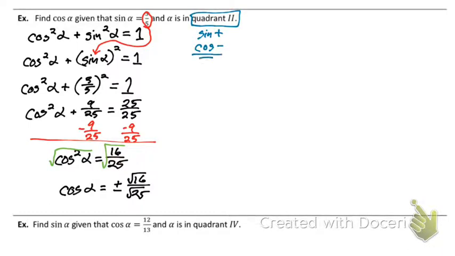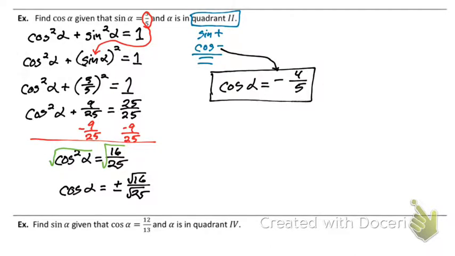Now I know that my answer needs to be negative. So my final answer is cosine alpha equals square root of 16, which is 4, square root of 25 is 5. But because of this negative sign, it's going to be a negative 4 over 5.